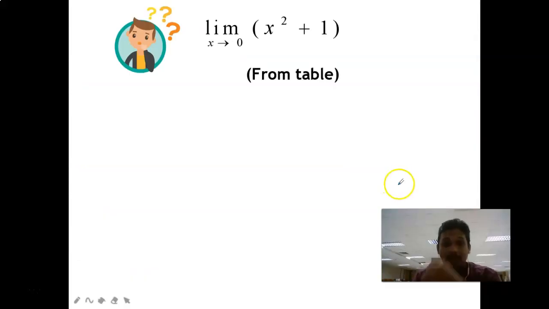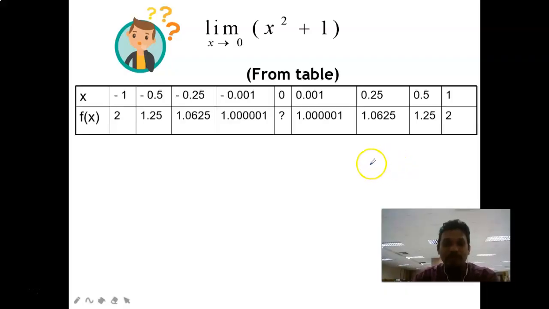Okay, from the table, the limit of x approaching 0, recall x squared plus 1. This is what I'm talking about: x approaching A from the left. So when x equal to 0, this is x exactly 0, and these are all values of x approaching 0 from the left and approaching 0 from the right.